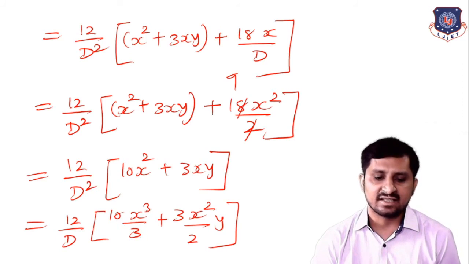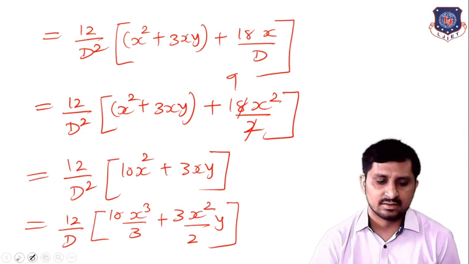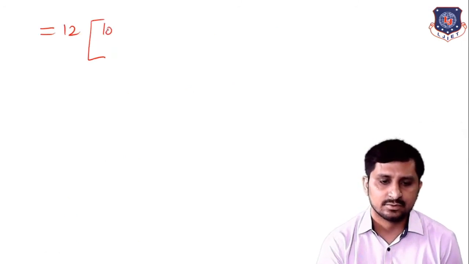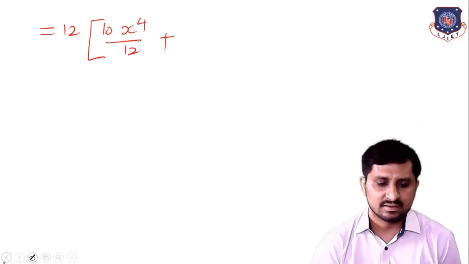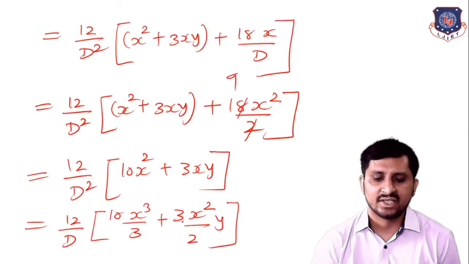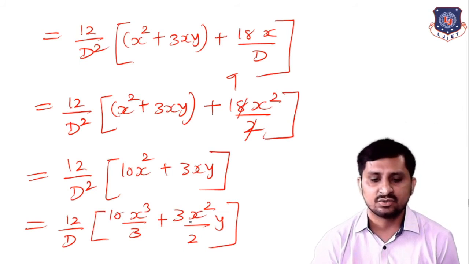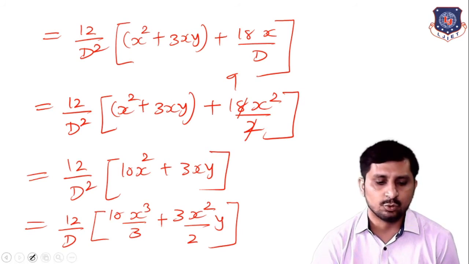So 10x raised to 4 by 12, plus the second term is 3x cubed by 3. Okay, so 3 once again cancels. So now you have x cubed y by 2 only.